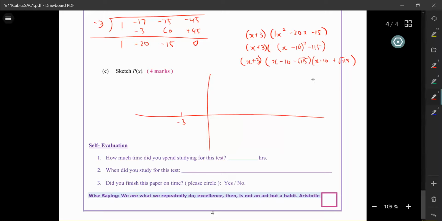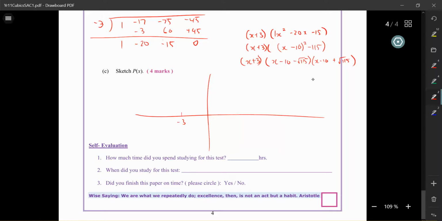I guess the problem is we don't know if at x equals, what, that's 10 plus, and this would be 10 minus root 115. So 10 minus square root of 115 is equal to negative point something. Probably a decimal, I reckon a decimal, negative decimal.